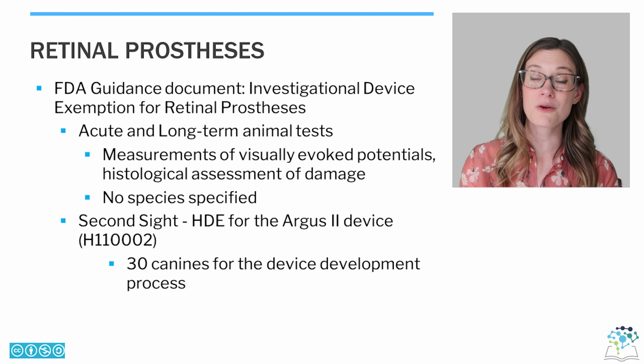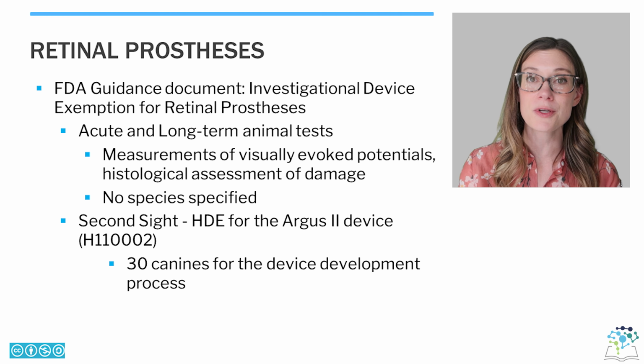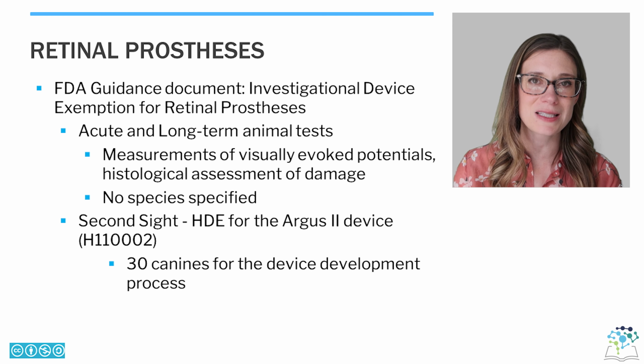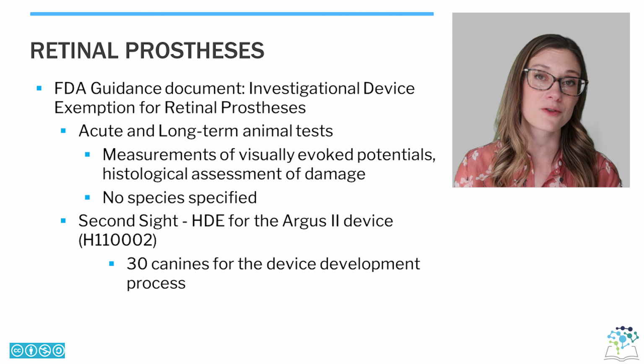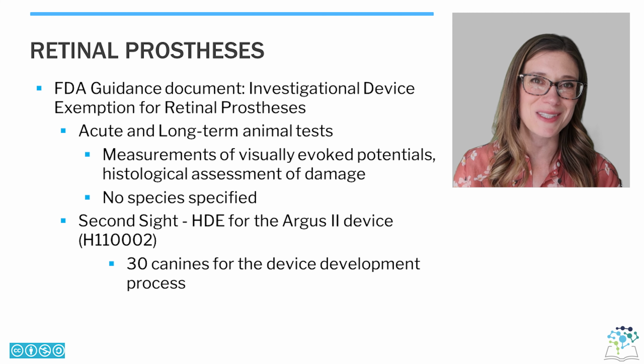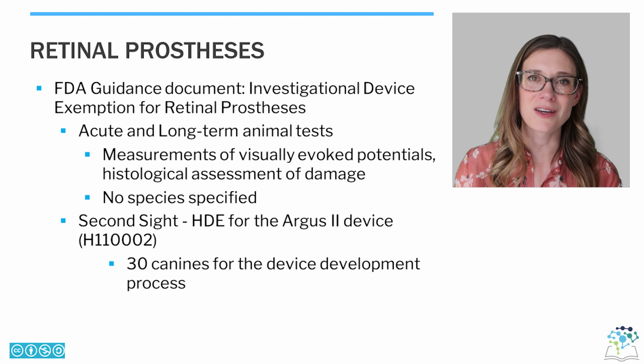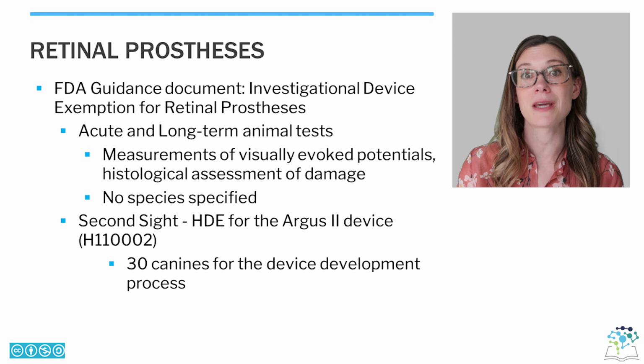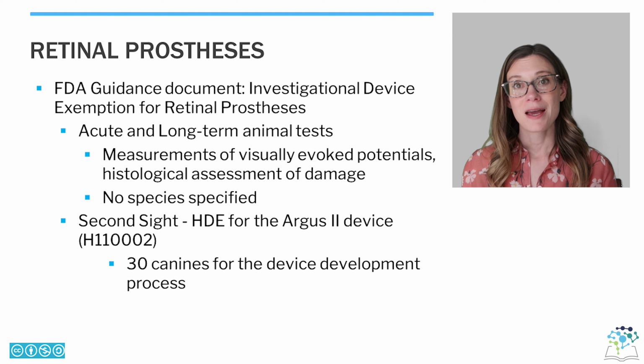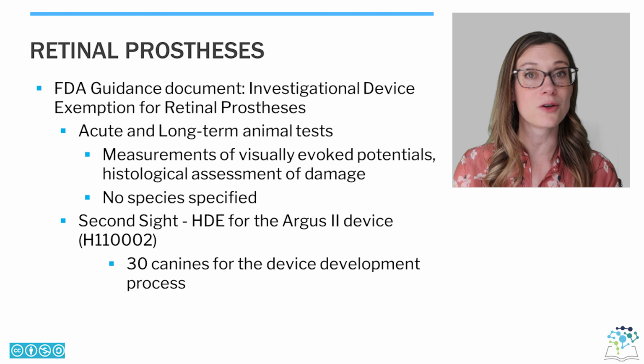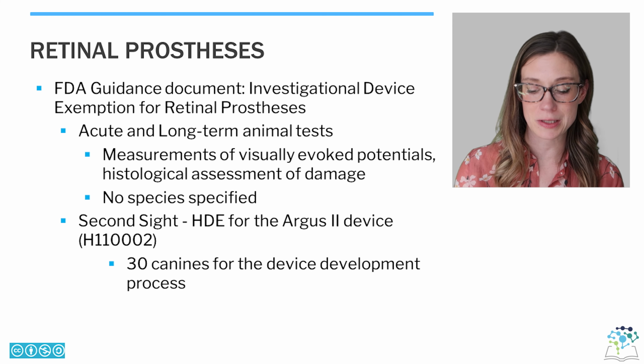If you follow that link, you could find a very long and detailed summary document that summarizes the testing that was conducted to allow the FDA to approve this device. If you browse through here, you'll see that this company conducted tests in 30 canines. So there you have at least some hint of what might be a good animal model for a retinal prosthetic device.